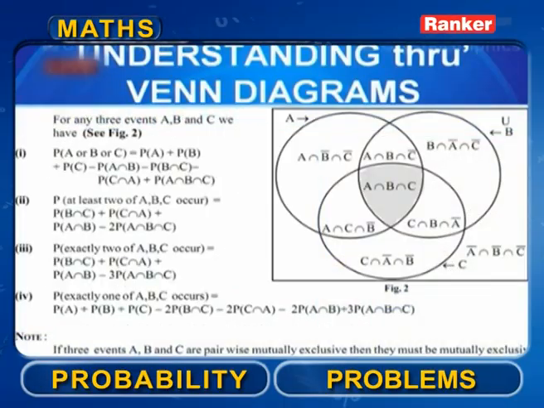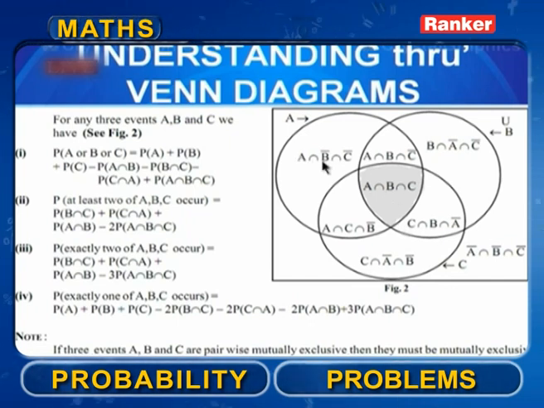A intersection B intersection C is nothing but occurrence of all the 3, A and B and C. What is the meaning of A intersection B bar intersection C bar?